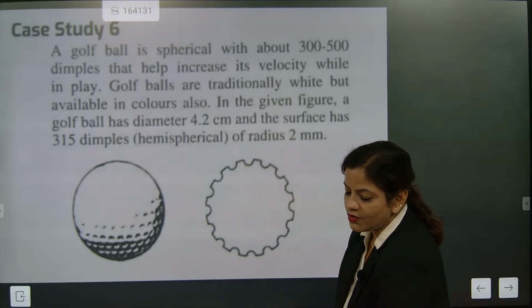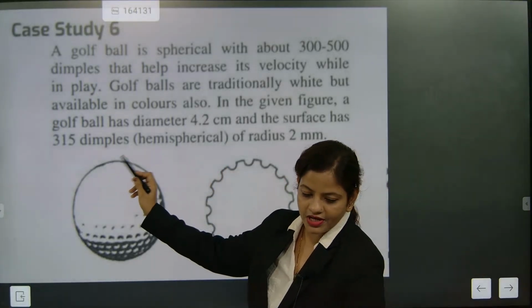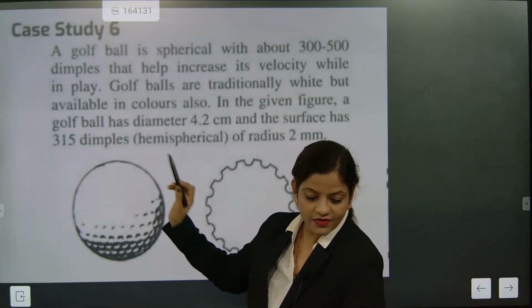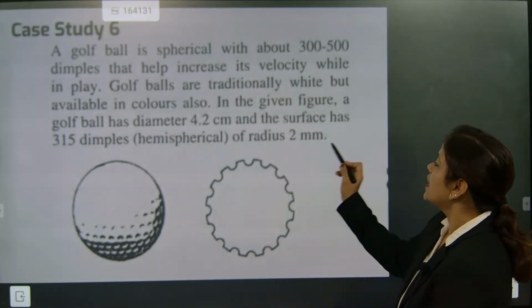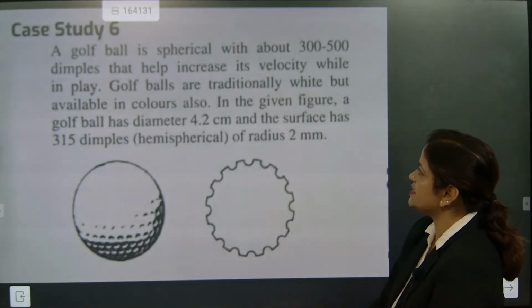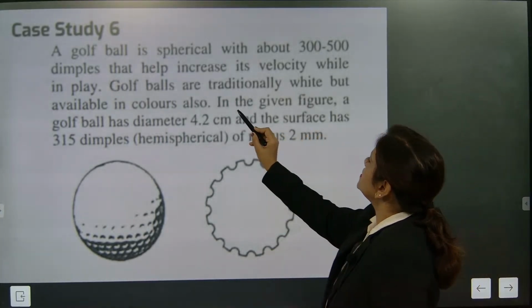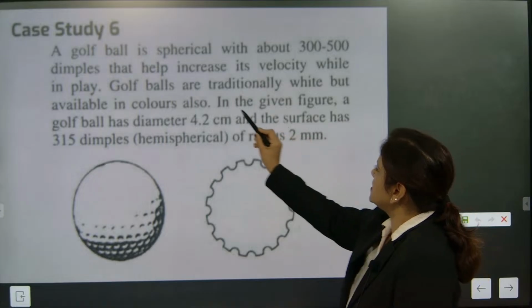Okay, so now we are going to work. So here what all things are given? 315 dimples are there. How many dimples are there? 315 dimples are there, and the hemispherical part is exactly having, see, check this very nicely. There are three things they have given which you need to understand. The three things given should be looked at carefully once.